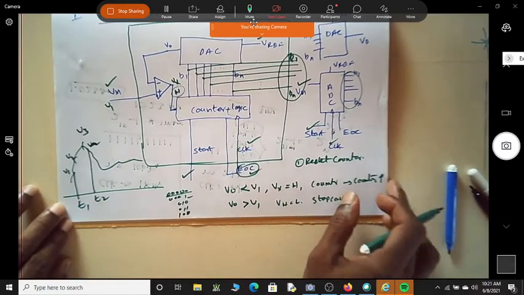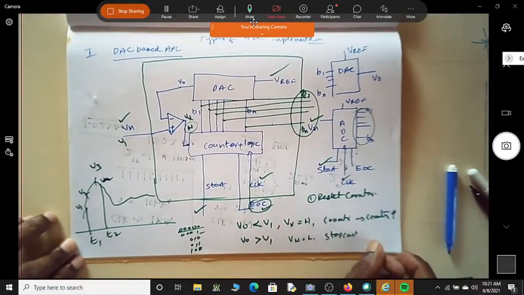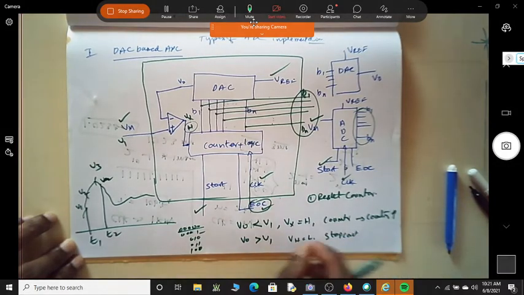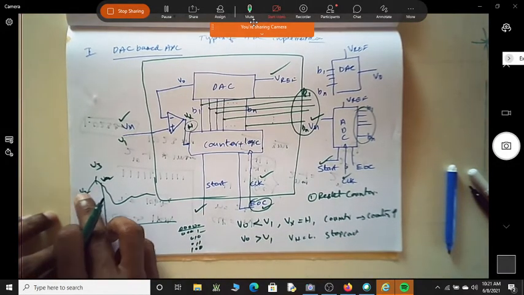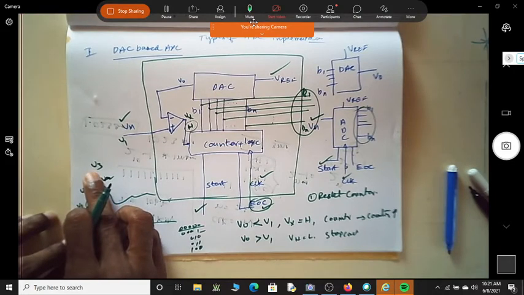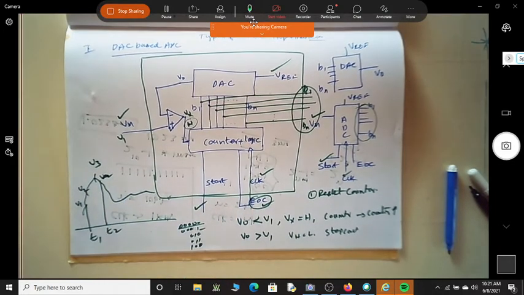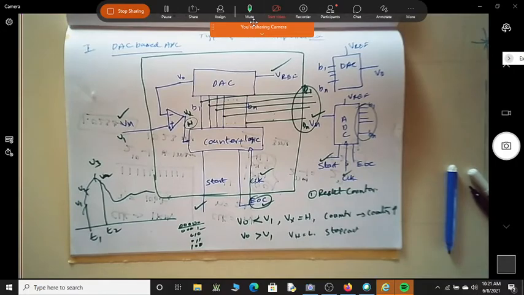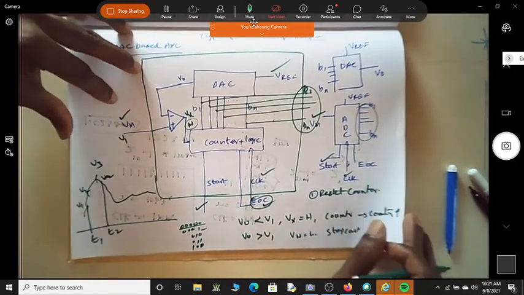Yes, sir. Why? Sir, we will give input in a different way, right, sir? Different values. Okay, why should the input amplitude decide the time of end of conversion? Okay, let me just write the timing diagram.